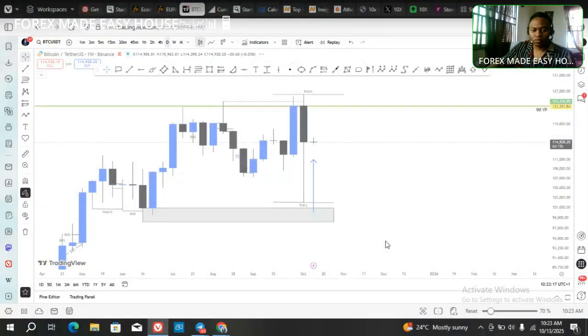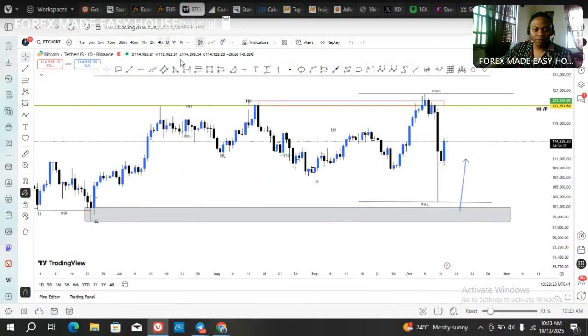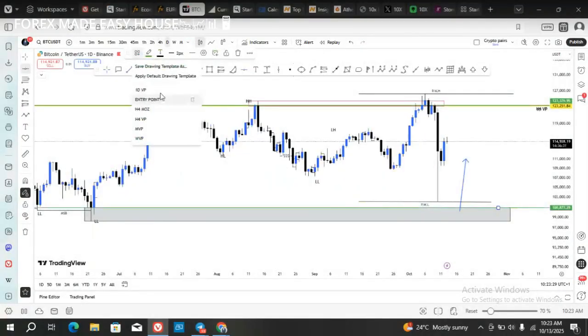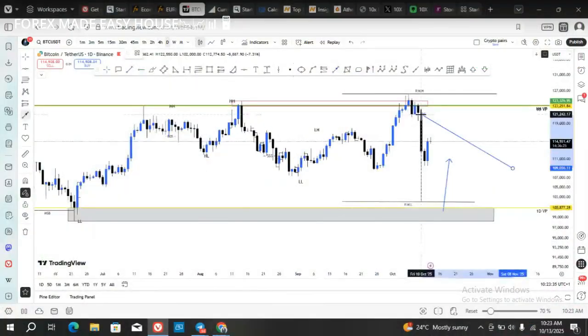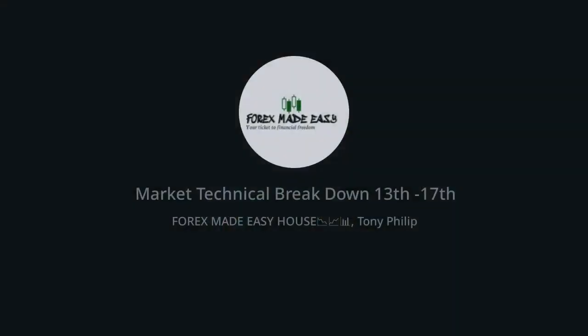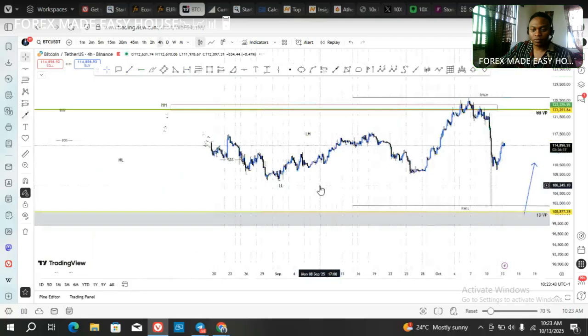The daily time frame is for daily demand, and this is the daily demand I see way down here. And the daily supply, I see daily supply all the way up here. Then go to the 4 hours time frame. On the 4 hours time frame, it's for 4 hours demand and 4 hours supply. So let me find the 4 hours supply first.